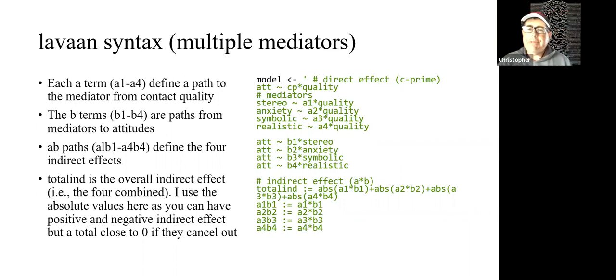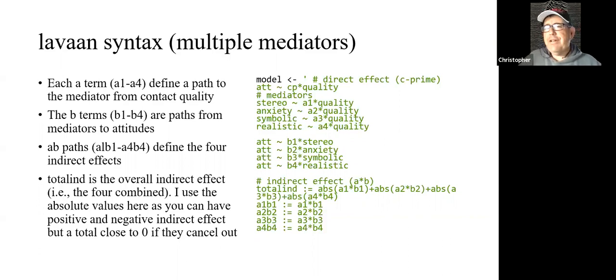And then we also get something which is called the total indirect effect. The total indirect effect is just all of those indirect effects added together. It's how well the set of them mediate the relationship. One thing I did here is I used ABS for each of those. That says take the absolute value of that indirect path.